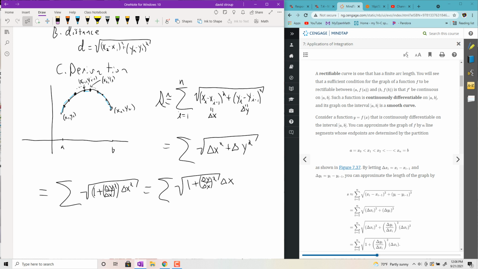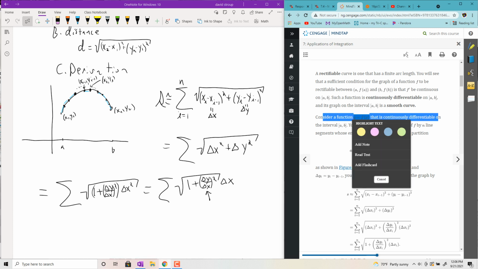And then this thing right here, because of the mean value theorem and because of the assumed properties of the function, note we consider a function that's continuously differentiable.